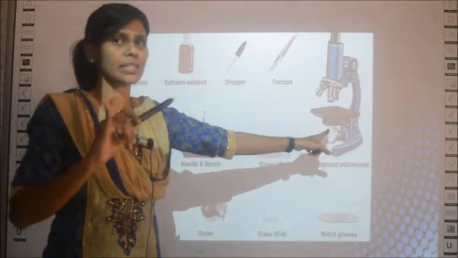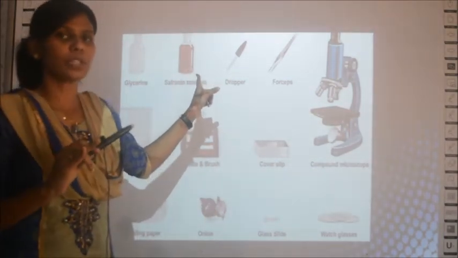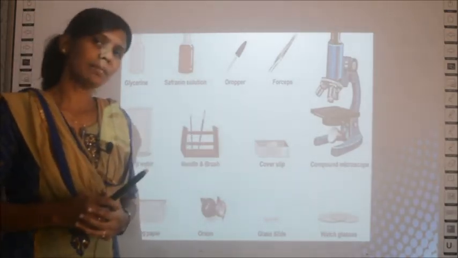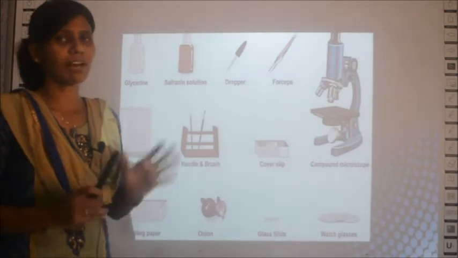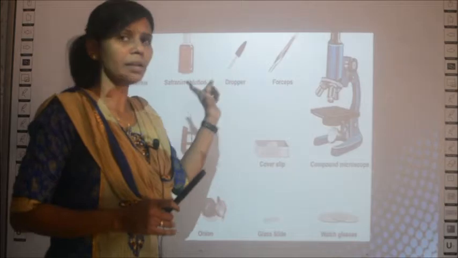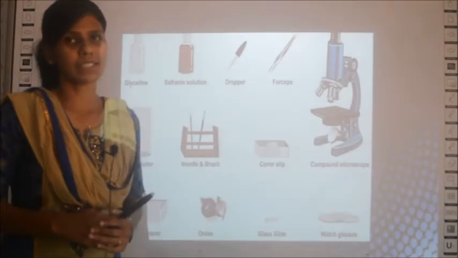Number 1, add glycerin. Number 2, add the saffron solution. In this case, the stain is the saffron solution. There are many stains like methylene blue, many colored stains, but in this experiment we are going to use saffron solution. So put glycerin, put saffron solution and then cover it with the cover slip.